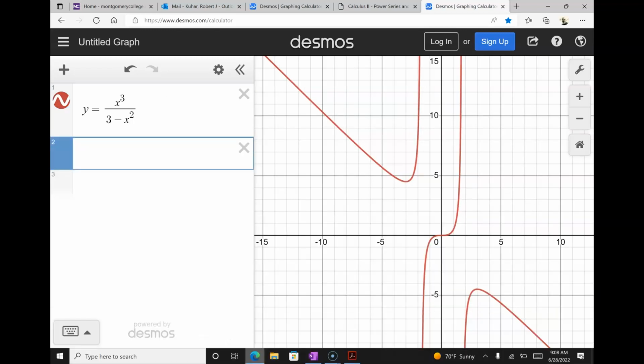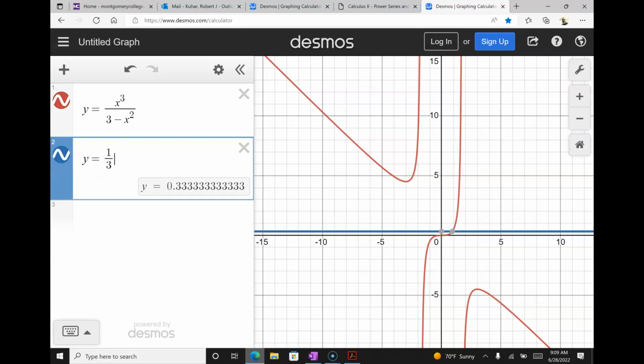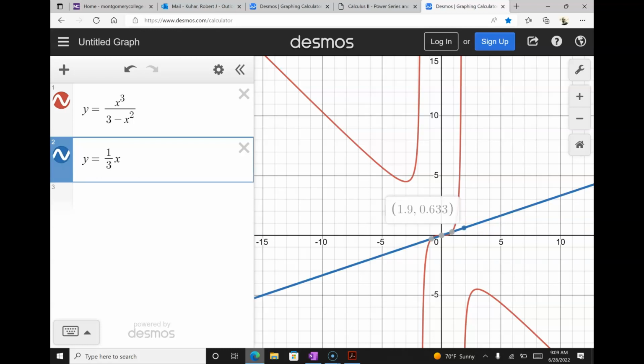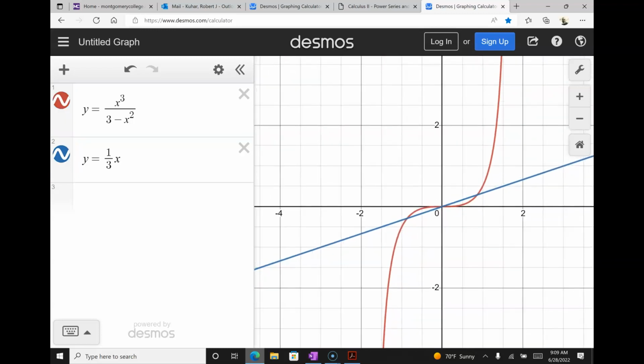But I remember I have powers of 1/3 and then odd powers of x. So for just the first one, 1/3 times x. And look how perfect it is at the origin. They cross, right? At the origin, they cross. So it's a perfect representation of the other function at that one point.